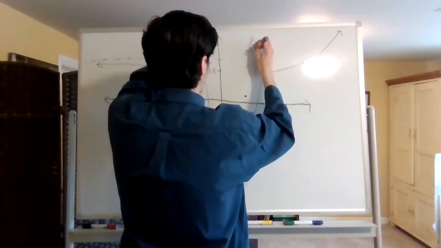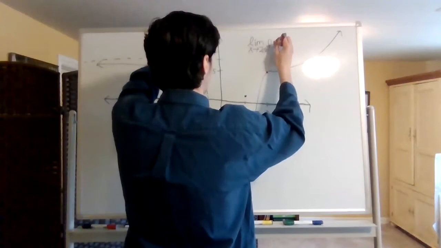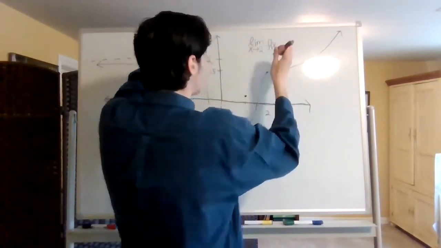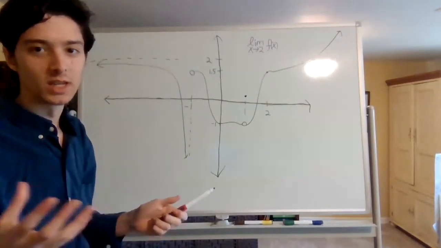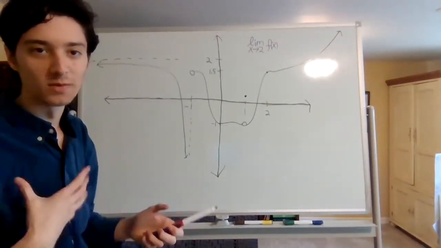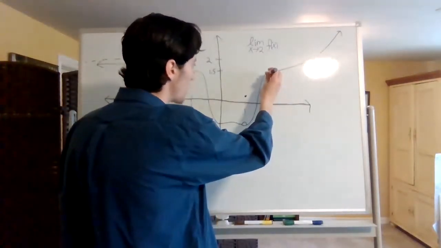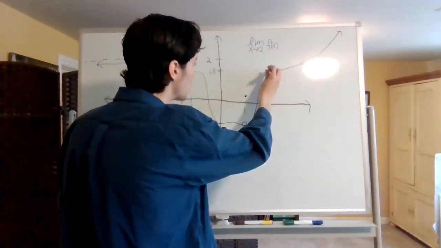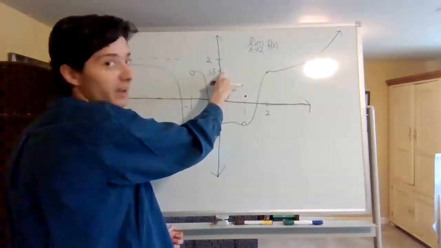The limit as x approaches 2 of f of x. So we can use what we've learned about limits when the values of x are really close to 2, so right here and right here, we have values that are really close to 1.5.